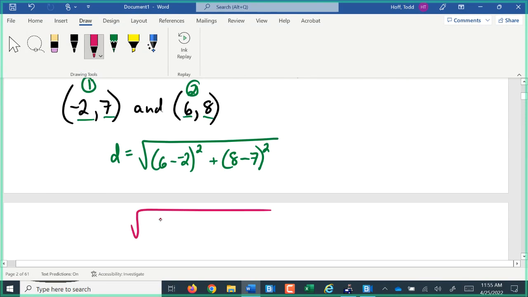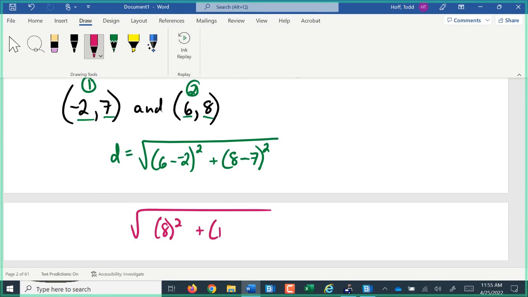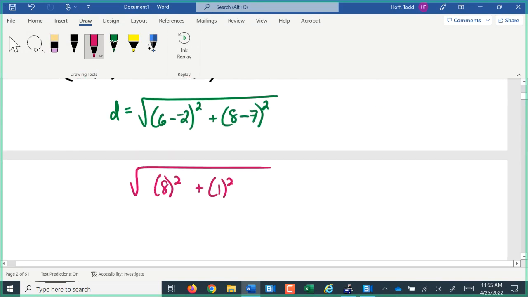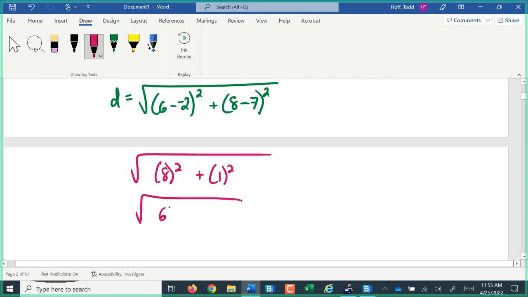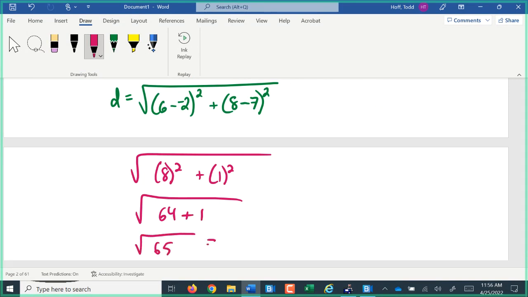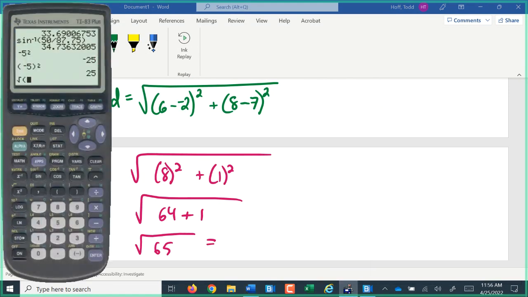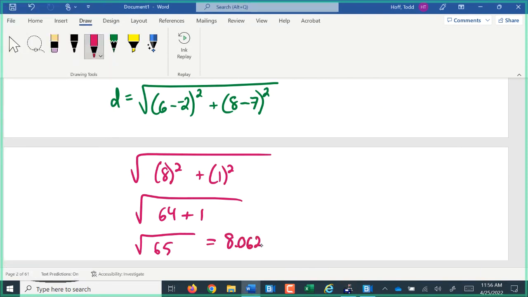This ends up being 8 squared plus 1 squared. 8 squared is 64, 1 squared is 1. The square root of 65 gives us 8.062, we'll round that. 8.062 units between those points.